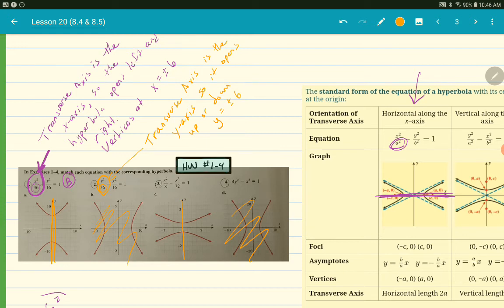So looking at A and C, I see my vertex here is at plus 6, and here is at y equal negative 6. Over here, it's a fraction, right? We're counting by 2's here, so that's like a quarter. So C is too small. A is our match then for number 2. Now I'll let you do 3 and 4 on your own.